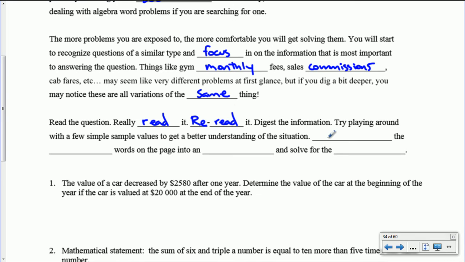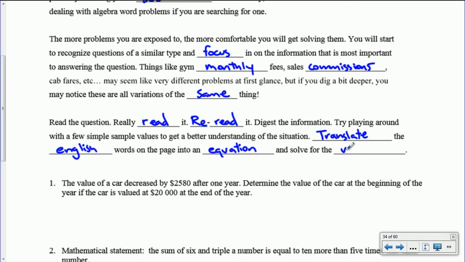Okay, so after you've read it, after you've absorbed it, you've digested it, you're going to translate. So translate the English words on the page into an equation and solve for whatever it is that you're looking for.